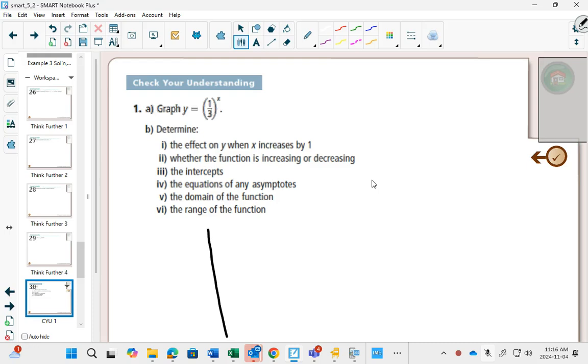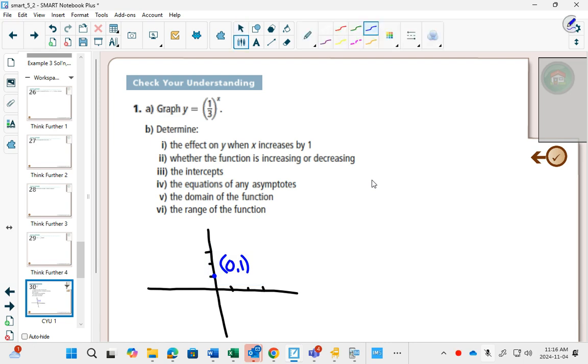So for graphing an exponential function, you have a parent graph without any transformations. You will always have the point (0, 1). Label that on that side.